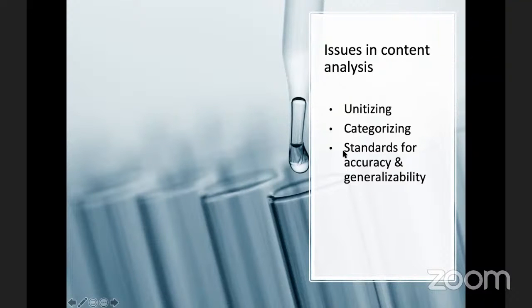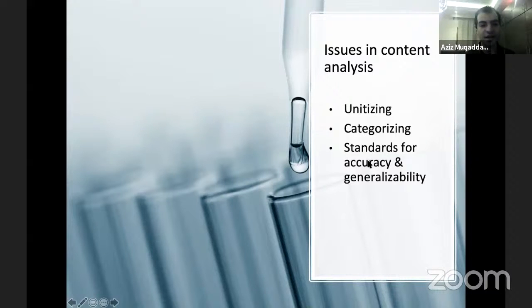And if you follow that, then there are also some issues that need to be addressed whenever you're dealing with content analysis, as a researcher and even as a critical reader who wants to understand how the authors reached their conclusion and how they conducted their work.